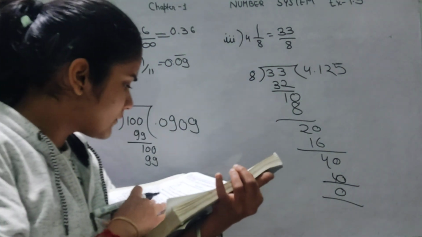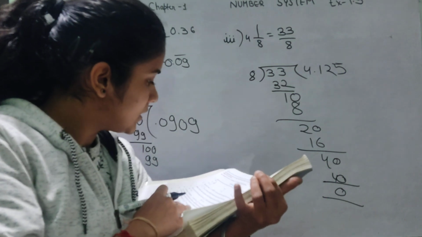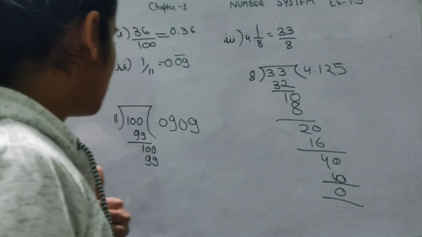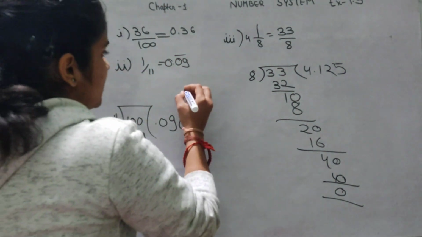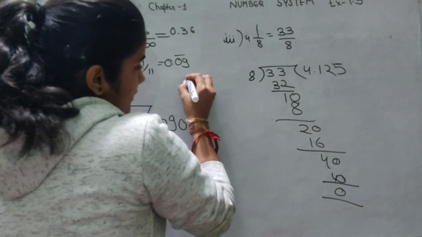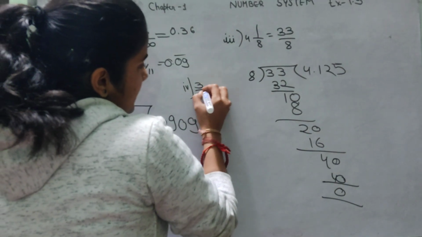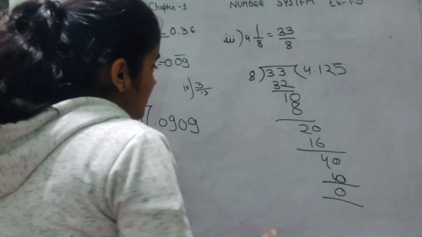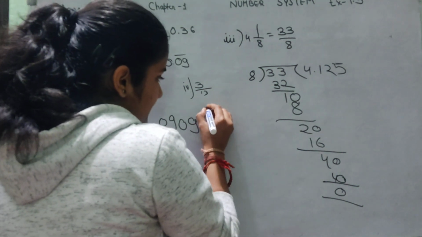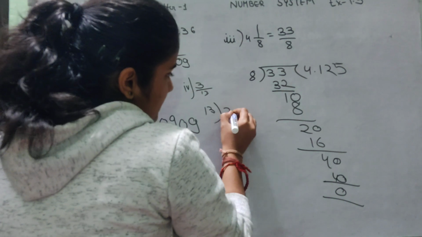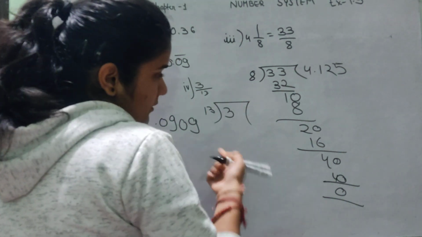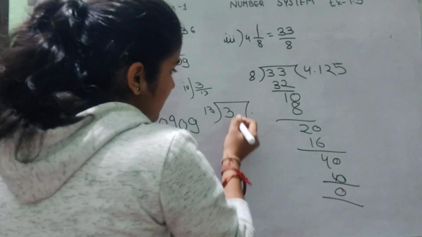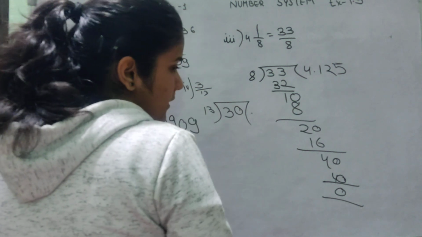Coming to question number 4. 3 by 13. Now where is the space? Here is the space. 3 by 13. Okay. So I hope you know the table of 13. 13 divided by 3. Now, it doesn't come in. Put a point over here. Increase 0 over here.